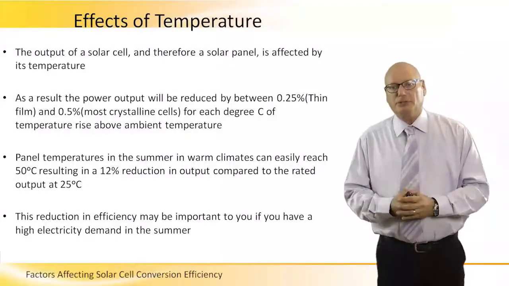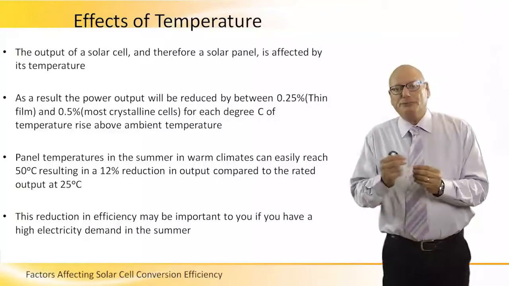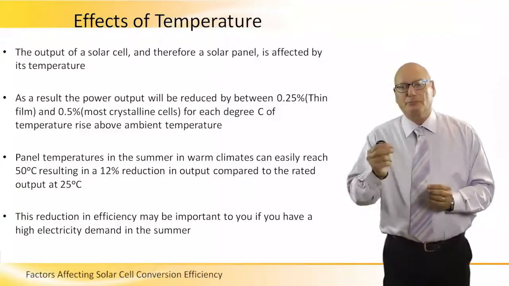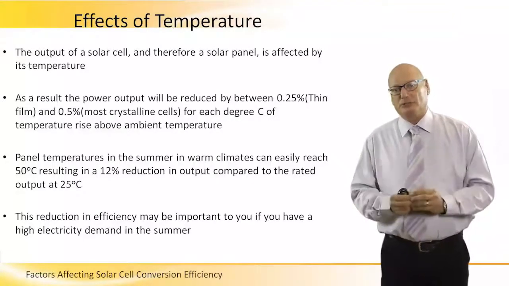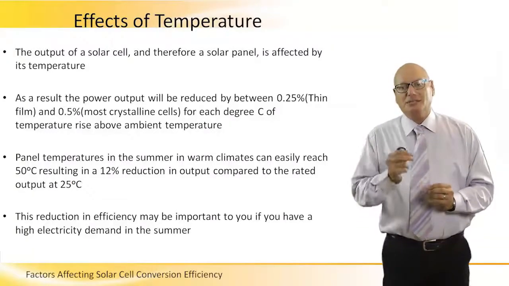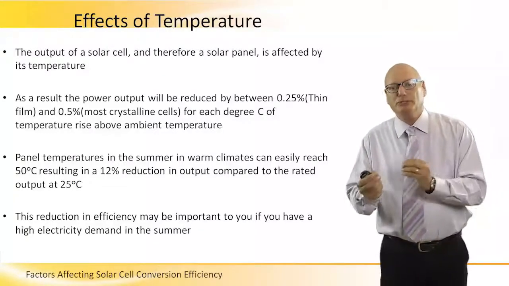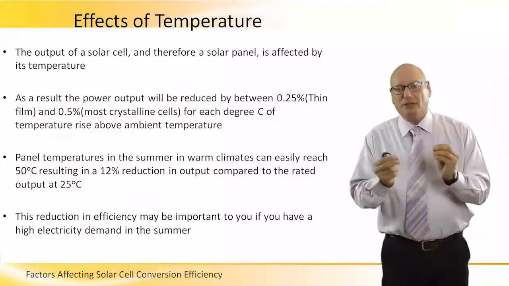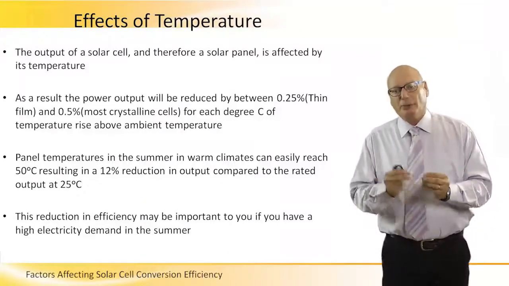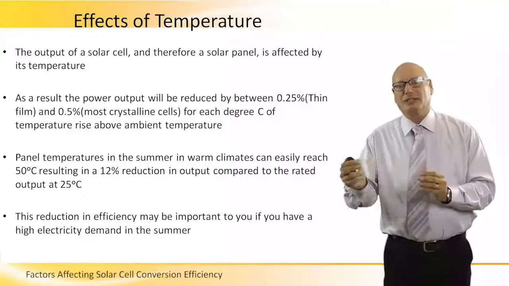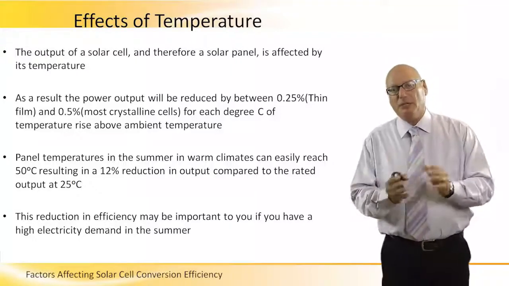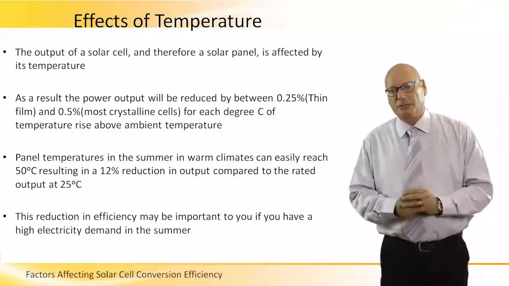And the effect of the temperature, the output of a solar cell, and therefore a solar panel, is affected by its temperature. As a result, the power output will be reduced by between 0.25% in a thin-film technology and 0.5% most crystalline cells, the polycrystalline and the monocrystalline.